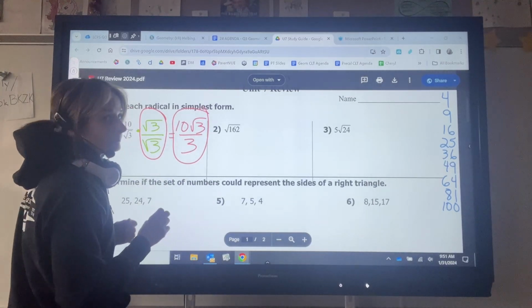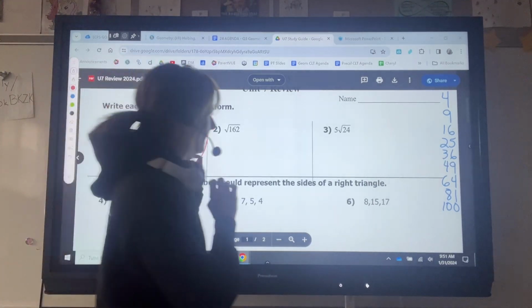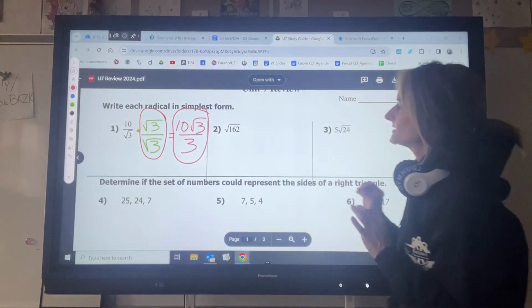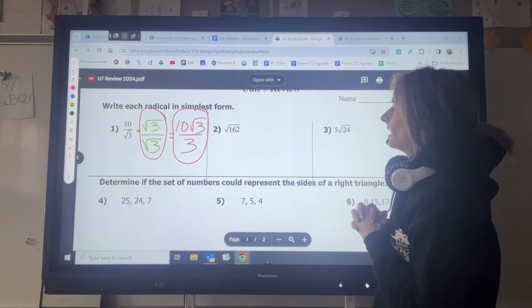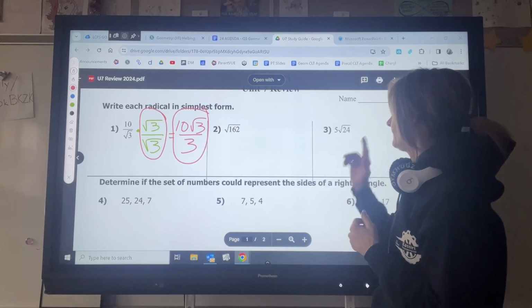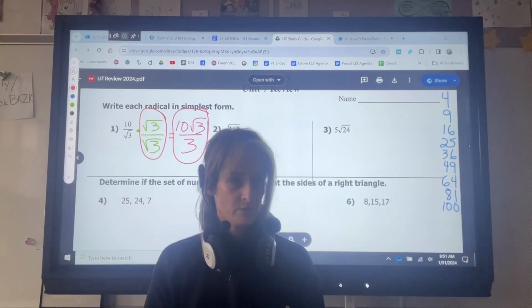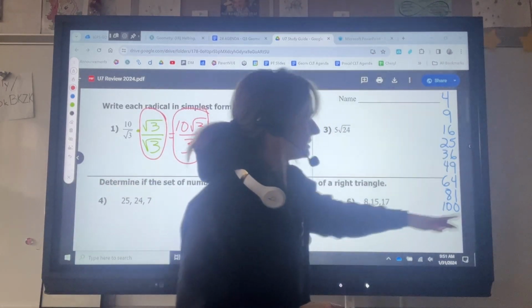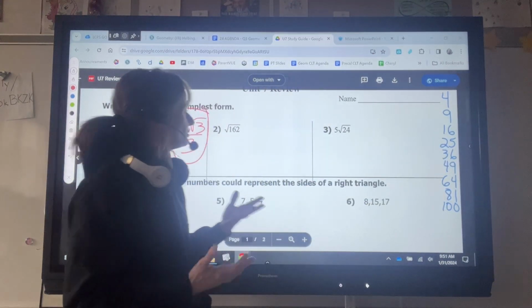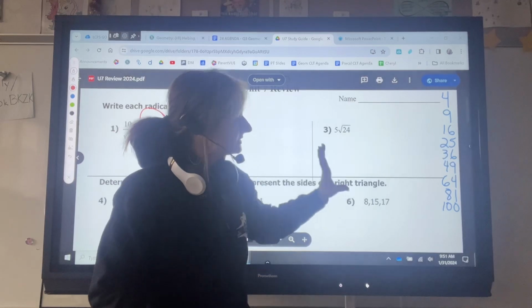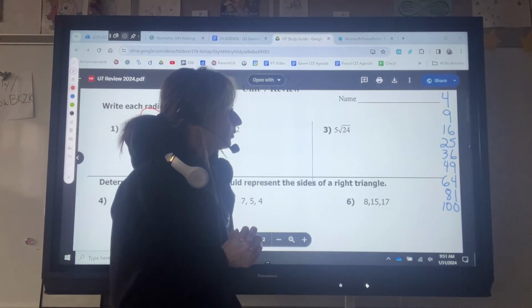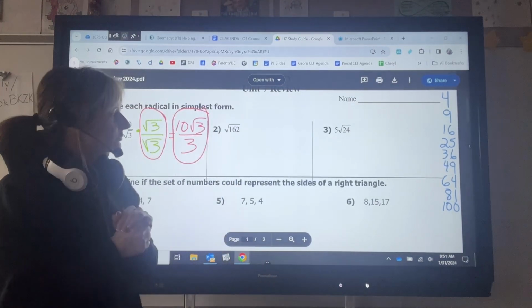Okay, I'll leave it. For problems 2 and 3, we just have to look and see if the 162 is simplified and the 24 is simplified, if there are any perfect square factors that go into those numbers. So I've written up perfect squares here that we might use. What's the highest perfect square that goes into 162 evenly?